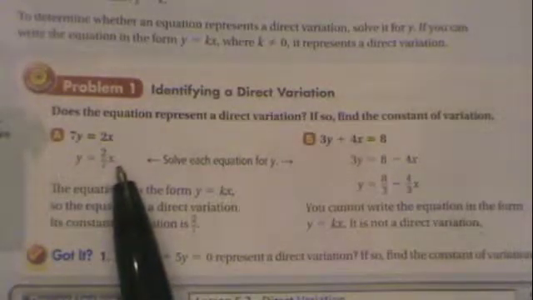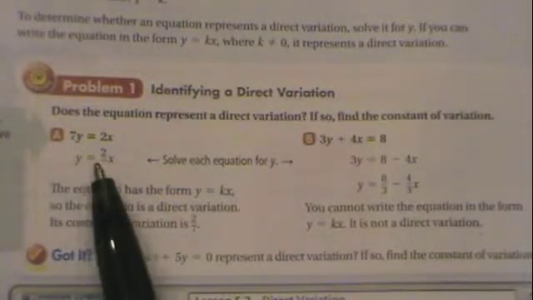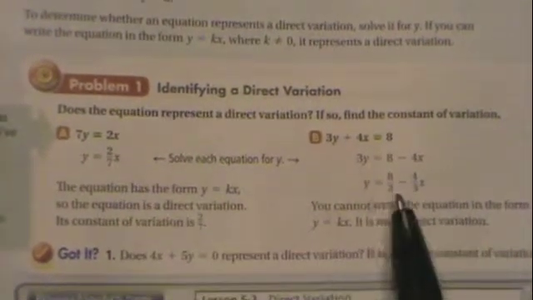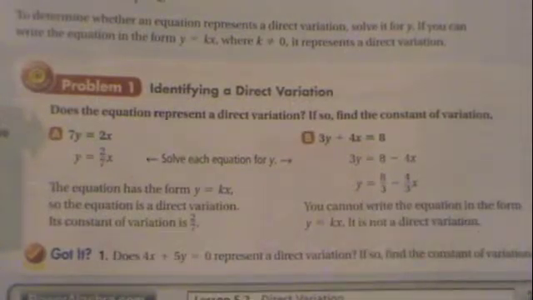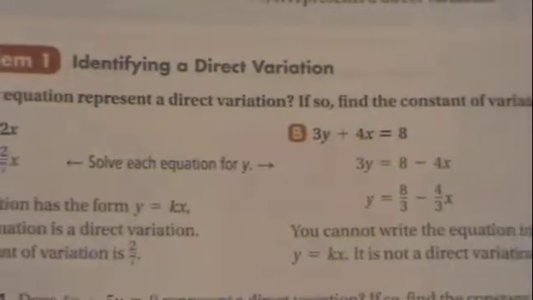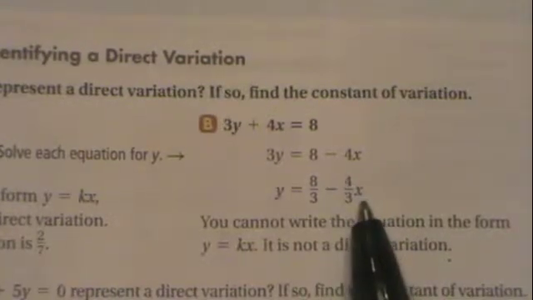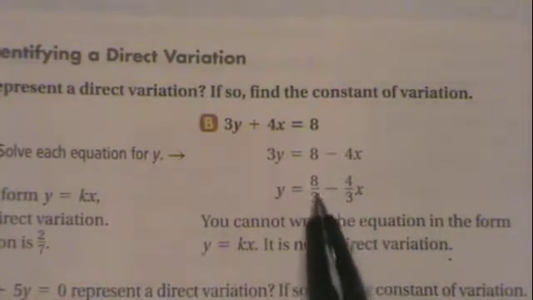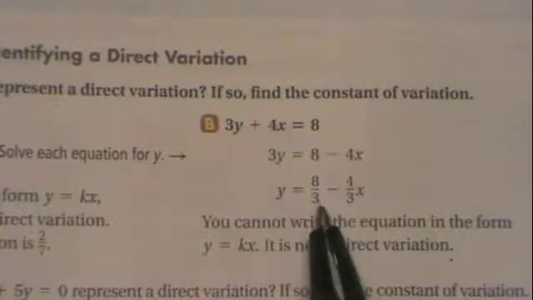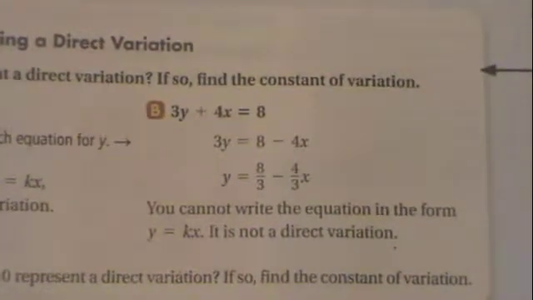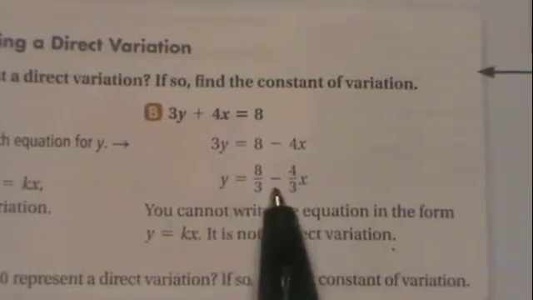That fits our formula for y equals a coefficient times x. Over here, y equals something times x, but there's also another operation going on here. This does not fit our definition. This one is not a direct variation.